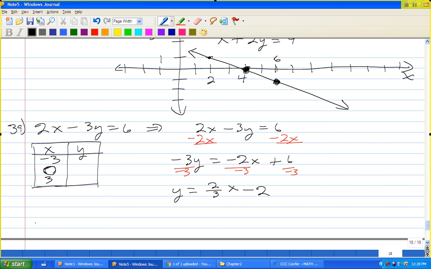Okay, so suppose that x equals -3. Then I'll replace x by -3. The 3's cancel. Positive times negative is negative. -2 minus 2 is a -4.